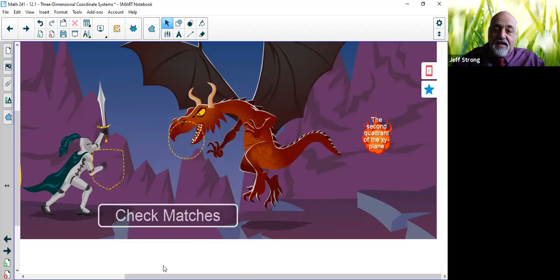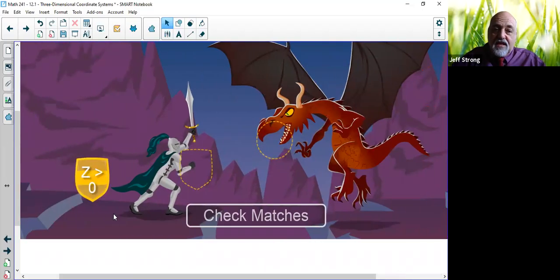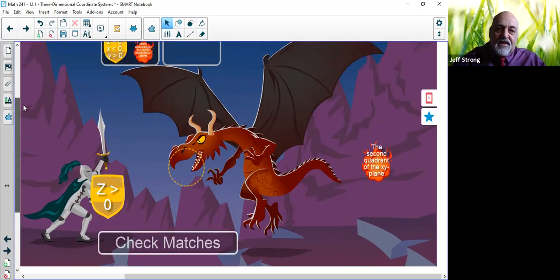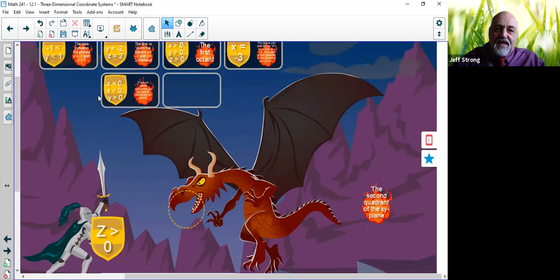Let's see if that, the last one. Okay, z is greater than 0. So z is positive. Second quadrant of the XY plane. That wouldn't be a quadrant, that would be the whole thing. I wonder if that last one, can we change that to half?